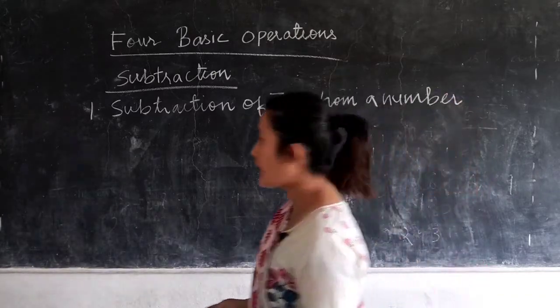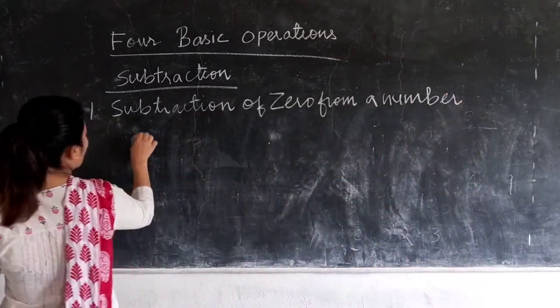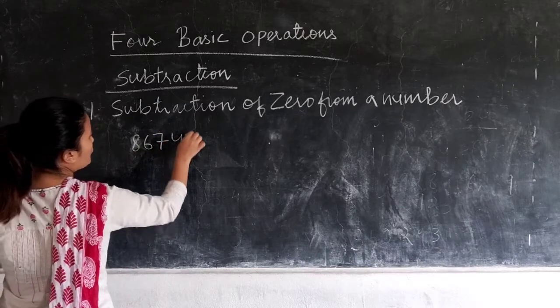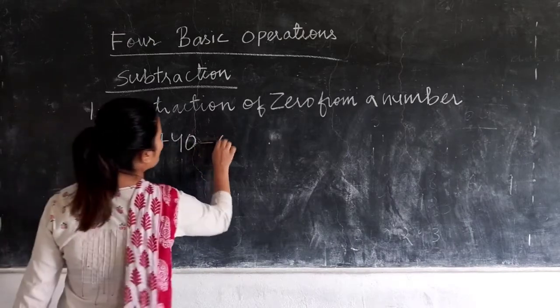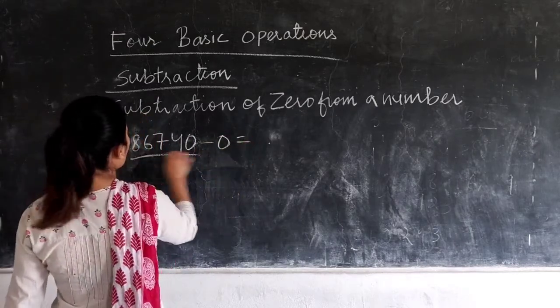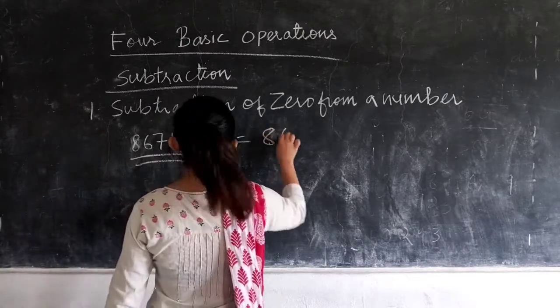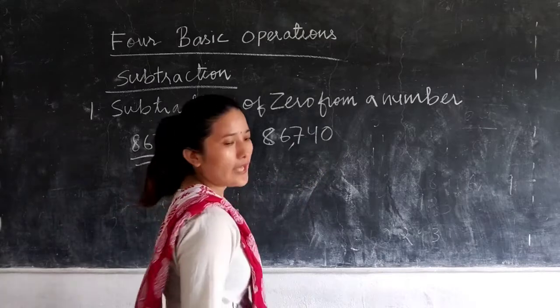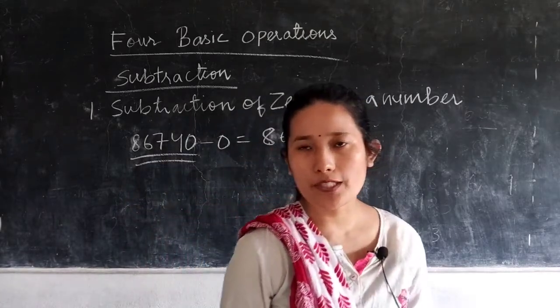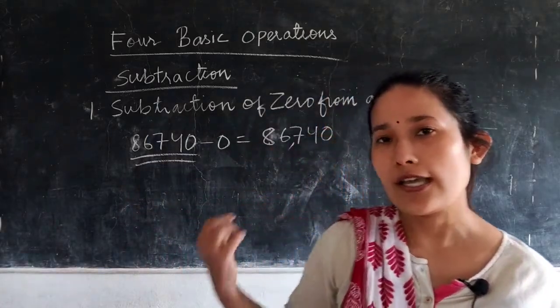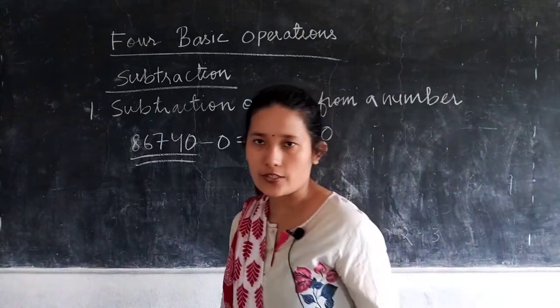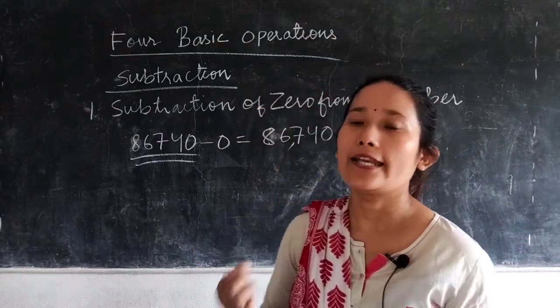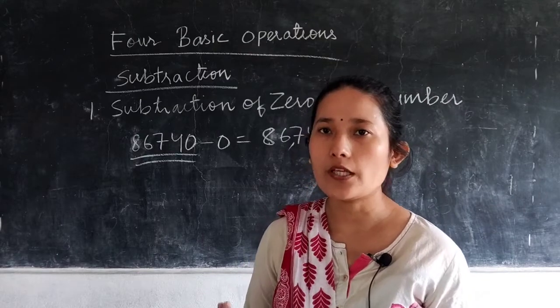So if you are given any number, let that be 86740, and if you subtract 0 from it, what would be your answer? The number itself. So 86740, this would be your answer. Okay, so the first property, just like the 0 property of addition, is similar: the 0 property of subtraction. It says that if you subtract 0 from any number, the answer would be the number itself.